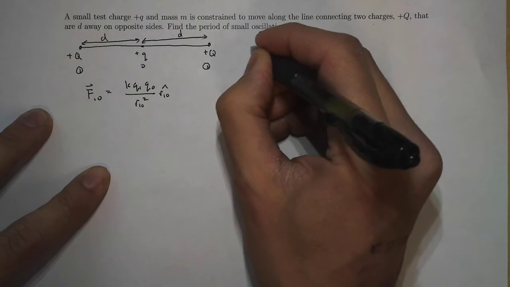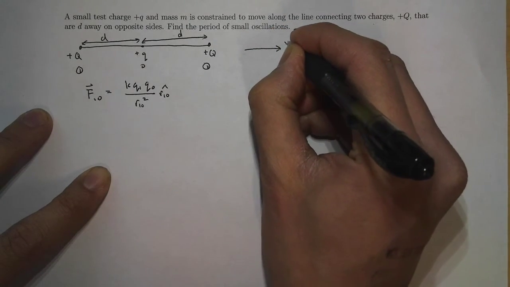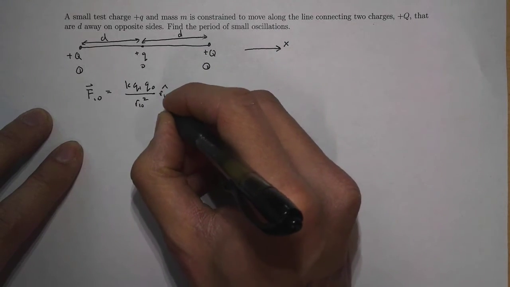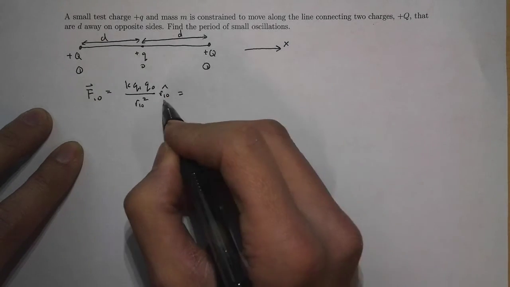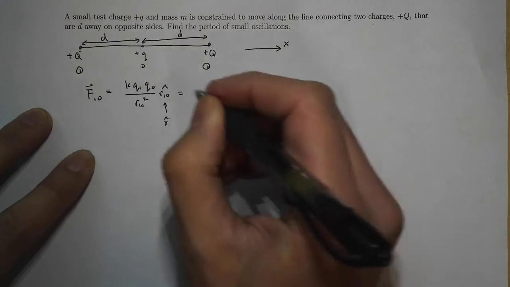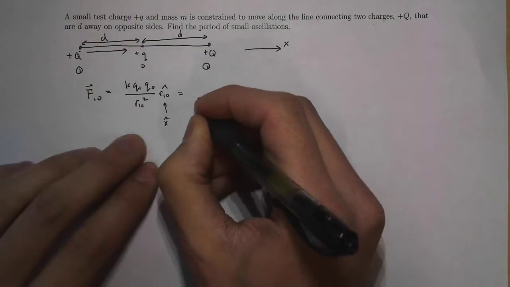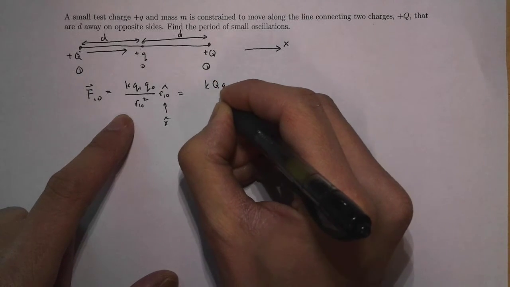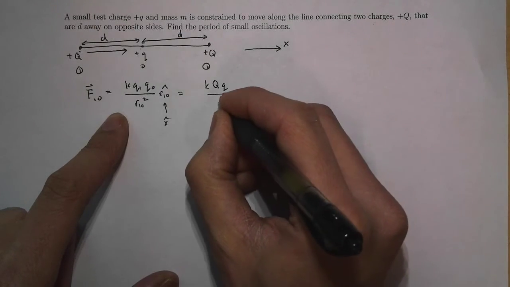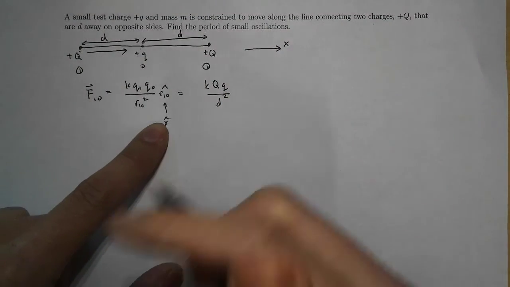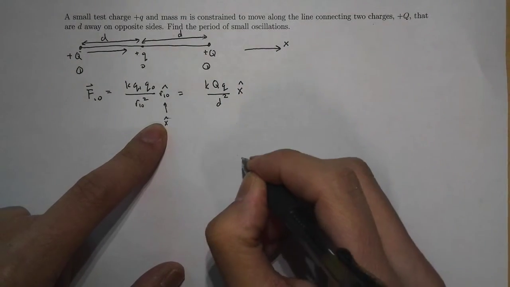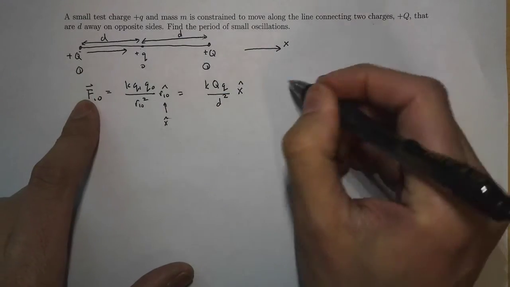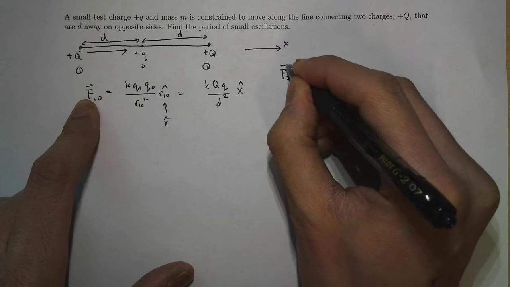Now in this coordinate system, this will be x hat, because I'm going from 1 to 0, this direction here. So this will be k Q q over the distance d squared x hat. Perfect.